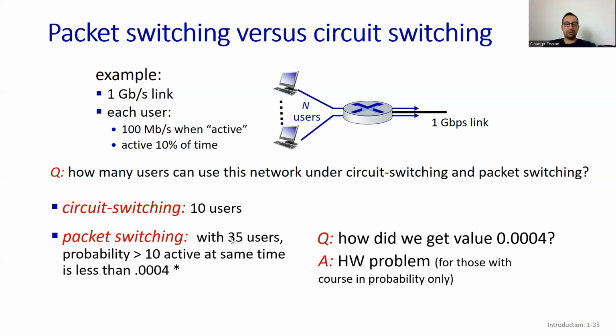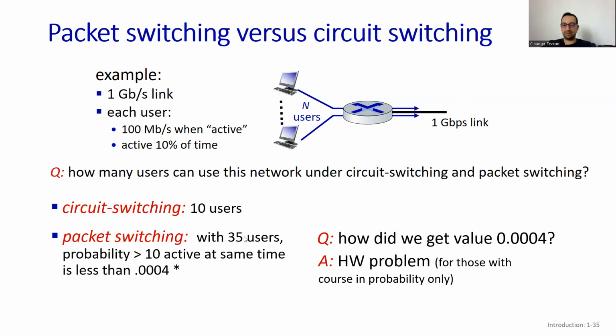I'm telling the solution. It allows 35 users, because the probability of more than 10 people being active at the same time when n is 35 is less than 0.0004. So of course, you would like to ask, how did you calculate it?